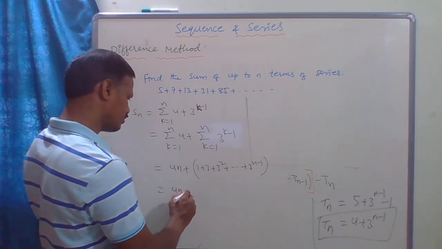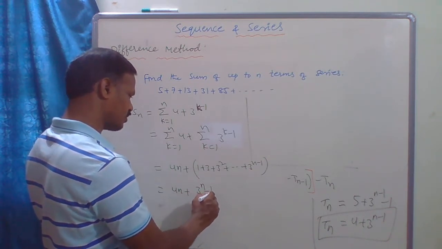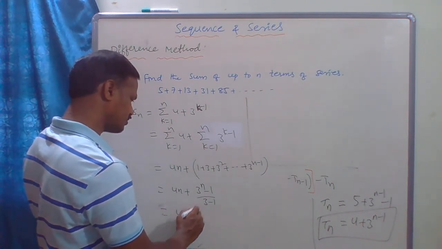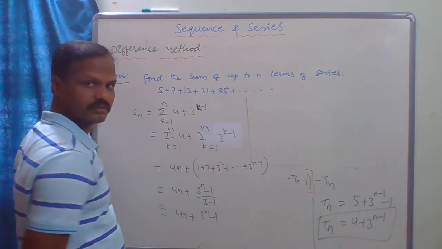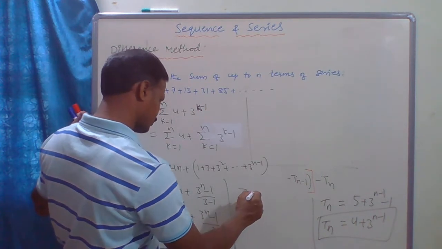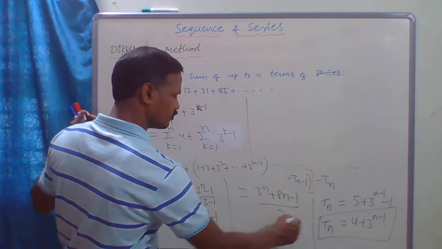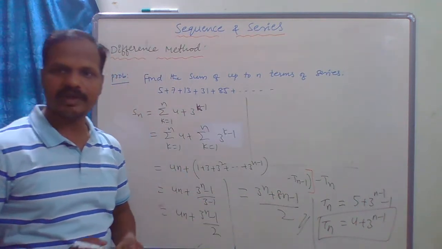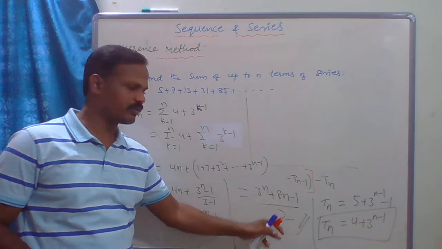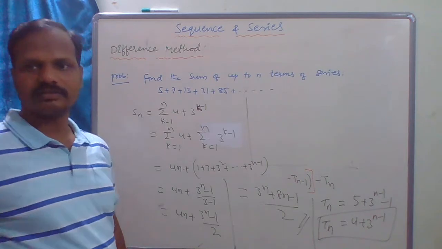So 4n plus, so a value 1, so 3 power n minus 1 by 3 minus 1, which equals 4n plus 3 power n minus 1 by 2, so which equals 3 power n plus 8n minus 1 by 2. So this is the sum of n terms of this series. 3 power n plus 8n minus 1 by 2. Clear? So this is the use of the difference method.